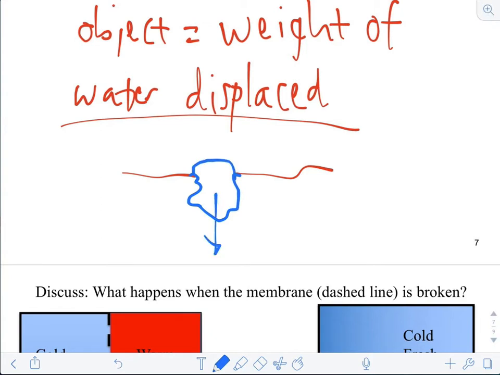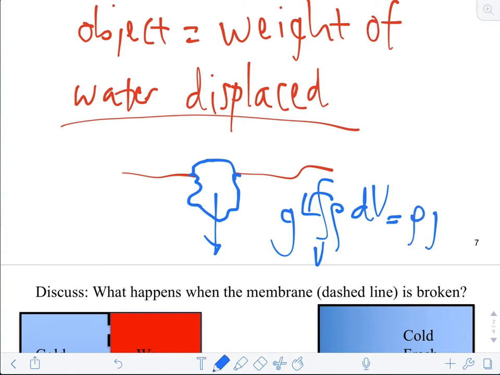And here it'll end up being an integral: the weight of this body is equal to the integral of rho g, let's put rho inside, the integral over this volume right here of rho dv. So we integrate over the volume of rho dv. If rho is constant, we can pull this out and we just have an integral over dv, which is equal to the volume, rho g V, if rho is constant. Which for most things, like a boat, you can essentially assume to be true.